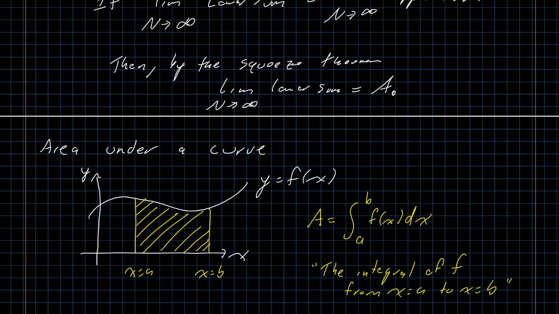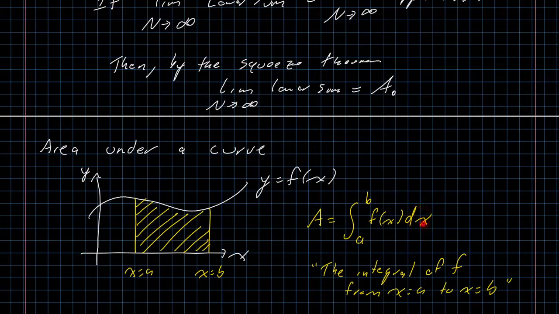We read this as the integral of f from x equals a to x equals b. The notation here seems a little bit backwards in time. And so it's worth taking some time to think about what's going on here.